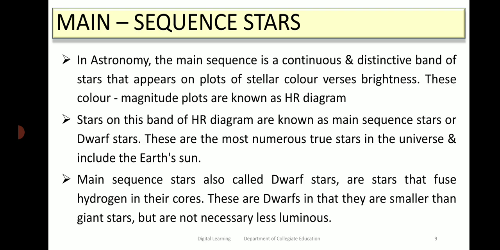The main sequence stars, also called dwarf stars, are stars that fuse hydrogen in their cores. These are dwarfs in that they are smaller than giant stars, but are not necessarily less luminous.